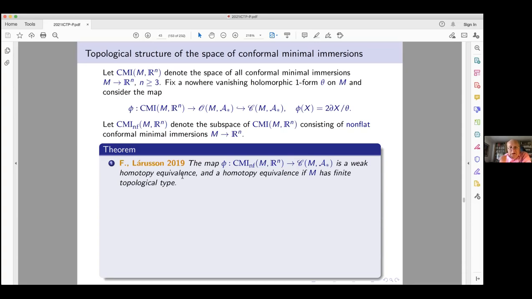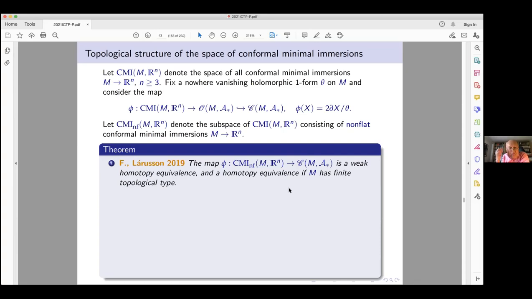Weak homotopy equivalence means that this map induces a bijection of connected components, and it also induces isomorphisms on all homotopy groups, say on fundamental groups and then on higher homotopy groups of these two spaces. So topologically speaking, these two spaces are roughly indistinguishable from the homotopy theoretic point of view.